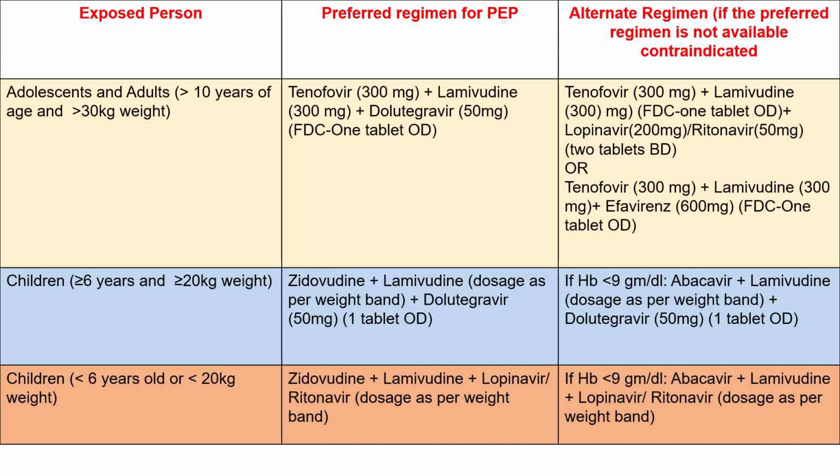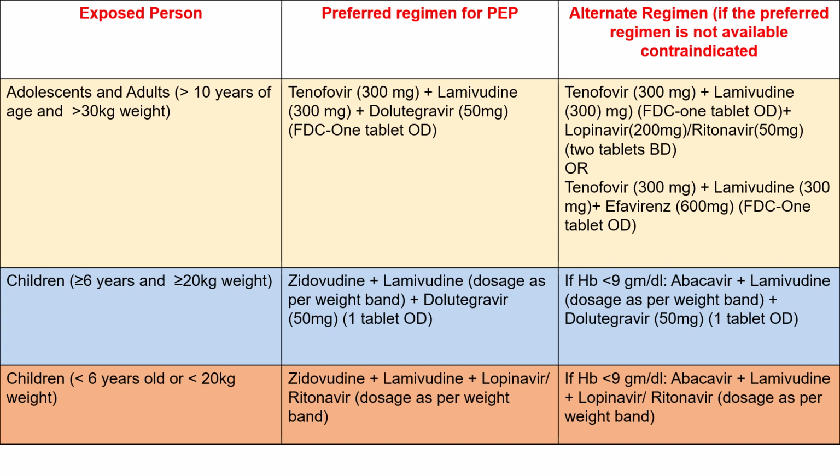Exposed person: preferred regime and alternate regime. For adolescents and adults more than 10 years of age and more than 30 kg: tenofovir 300 milligram, lamivudine 300 milligram, and dolutegravir 50 milligram, FDC 1 tablet OD is given.